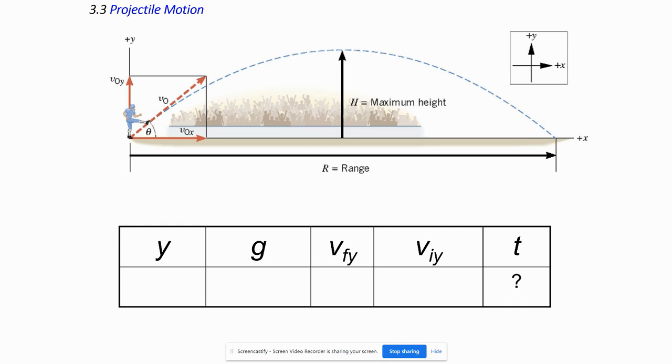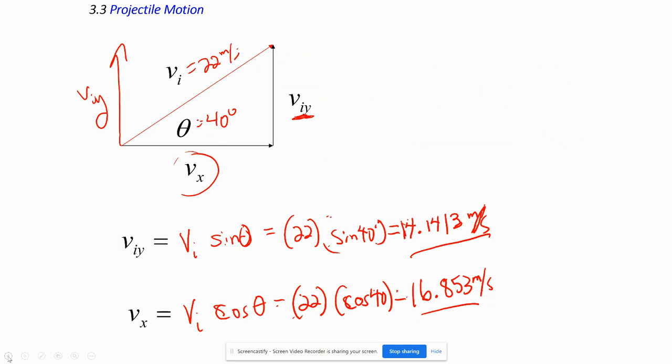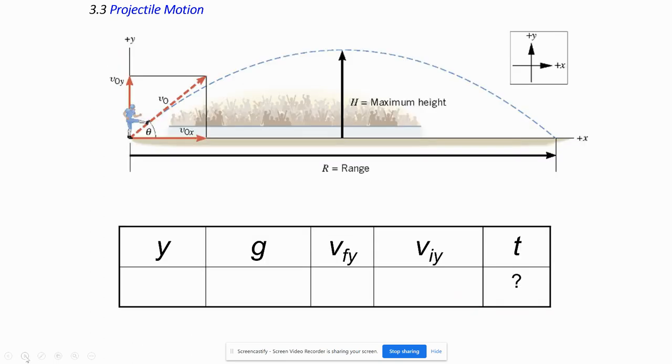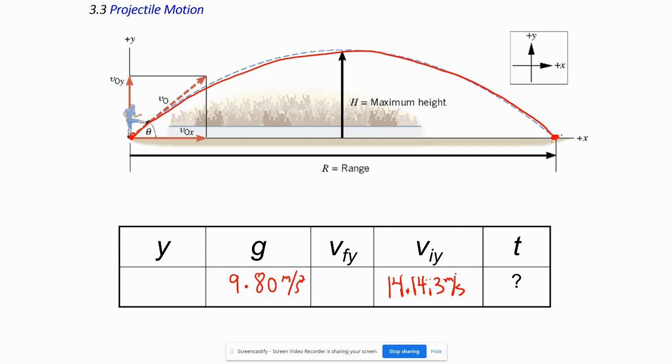We know that our VIY is 14.1413, and we always know what g is, 9.8. There are two options: we can go all the way from here to here, which is our ultimate goal, or we can do this at half the distance and then double things. I'm going to go all the way to here.